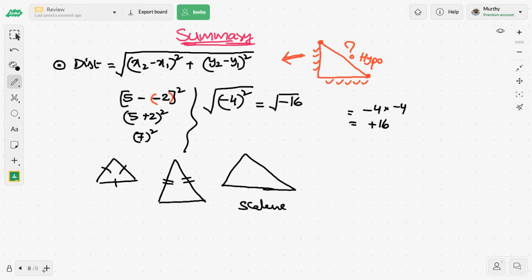No sides are equal, scalene. Two sides are equal, isosceles. All three sides are equal, equilateral. Please refer to the properties of quadrilaterals too. Okay, that's it.